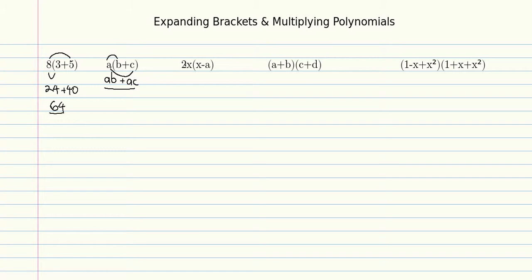Let's move along to this one. So now this one is 2x times the bracket. Okay, and inside the bracket we have x minus a. So let's have a look at this. So we go 2x times x equals 2x dot. I'm using the dot to mean multiply.